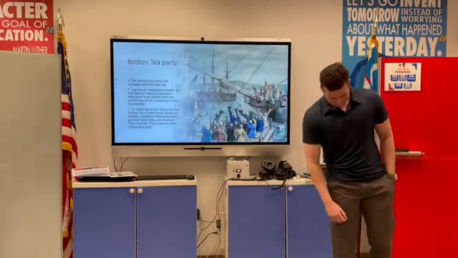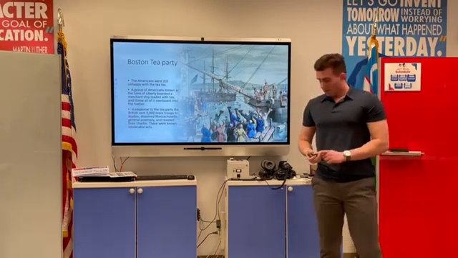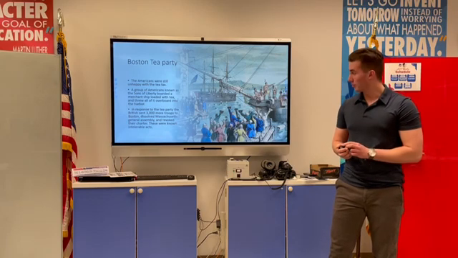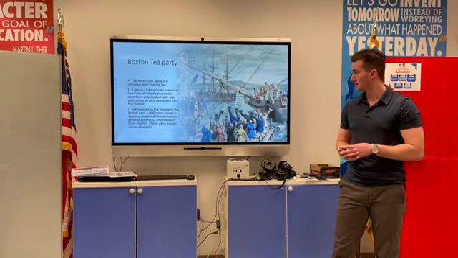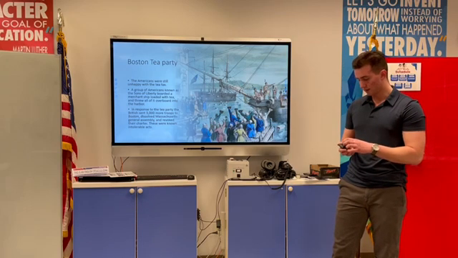All right, so the Boston Tea Party. What happened was they repealed all the taxes and occupied the city, but they still had more soldiers, and they still left the tea tax.